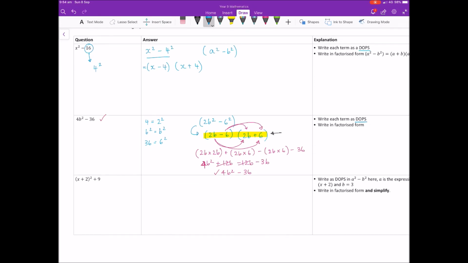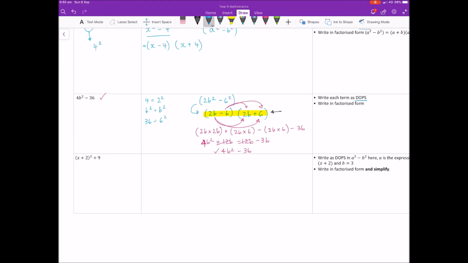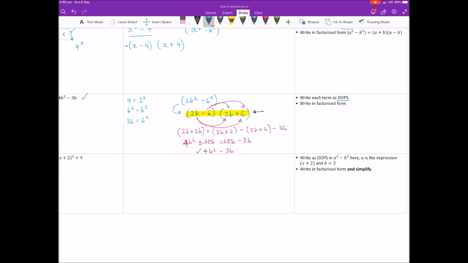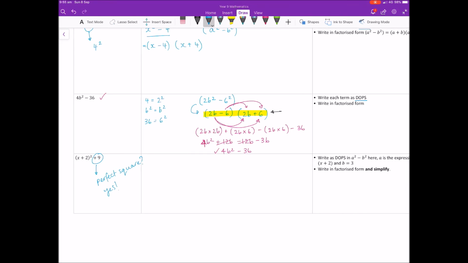Then we have the last example, which says x plus 2 all squared minus 9. The trick here is to identify whether or not this 9 is a perfect square, and the answer is yes. 3 squared will give us 9.